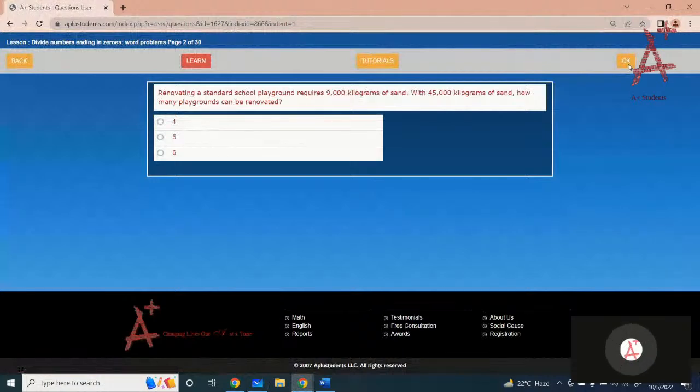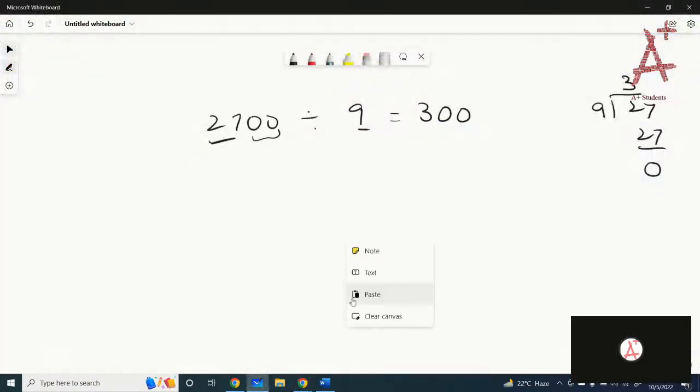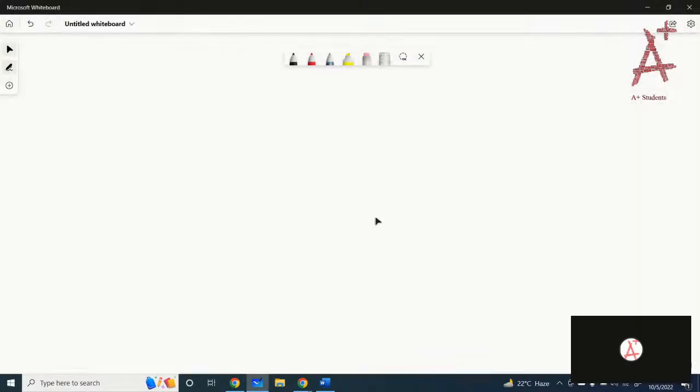Okay, renovating a standard school playground requires 9,000 kilograms of sand. With 45,000 kilograms of sand, how many playgrounds can be renovated? So you have to divide 45,000 by 9,000. So just leave the zeros and divide the digits first.